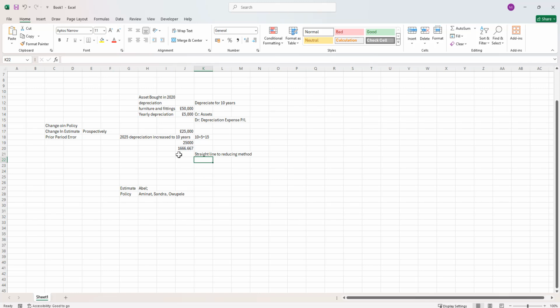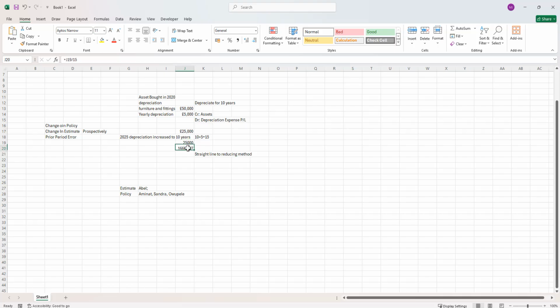Okay. Because if you look at it truly, let's do the same asset of 50,000 for 10 years, right? Now I say I'm going to depreciate for 10 years at 5,000 per year. And in 2025, we suddenly say, oh no, we want to change to reducing balance method.